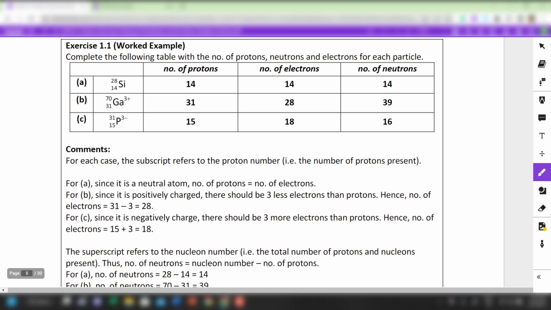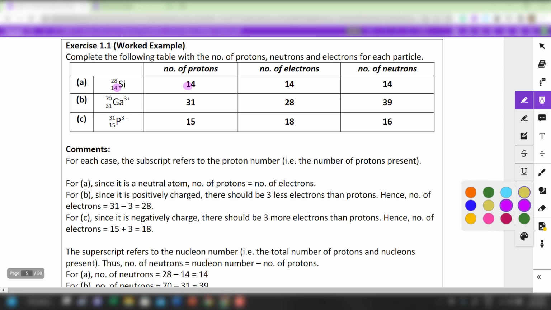For example, silicon, the 14 here represents 14 protons. If you take the difference between 28 and 14, you will end up with 14 neutrons. And because it is not charged, the number of protons must be the same as the number of electrons. So the number of electrons is also 14.